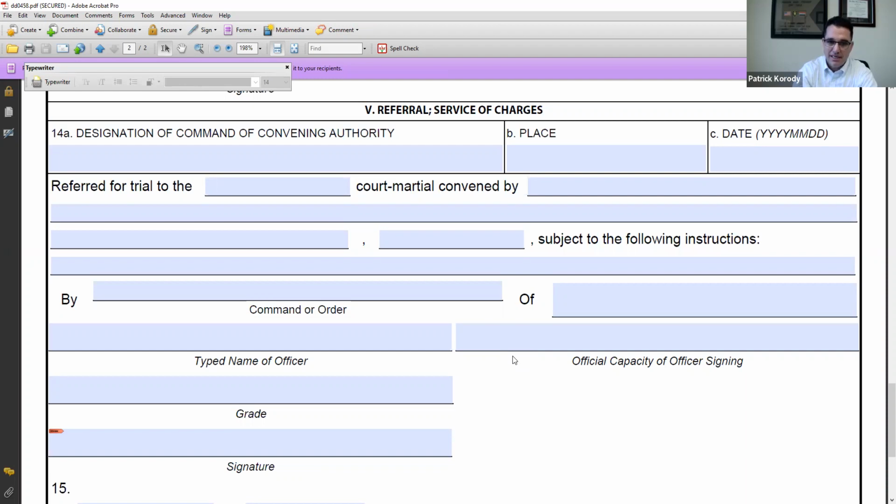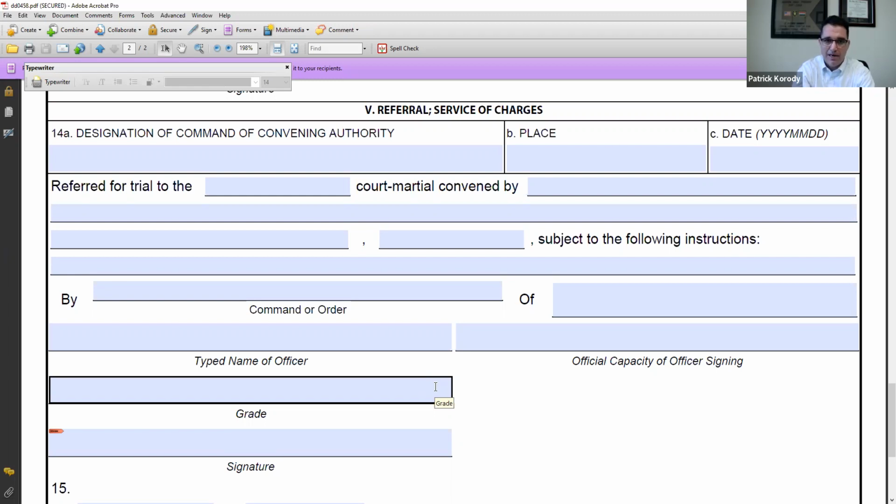Number one, they've already decided it's going to an Article 32 preliminary investigation, which is a speed bump to a general court-martial. Or maybe they're on the cusp of sending it to a 32 or a special court-martial, and maybe they want to give the guy or girl time to talk to counsel to see if maybe there's a plea agreement to be had to keep it at a special court-martial.